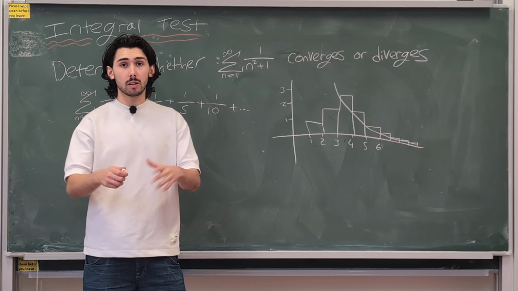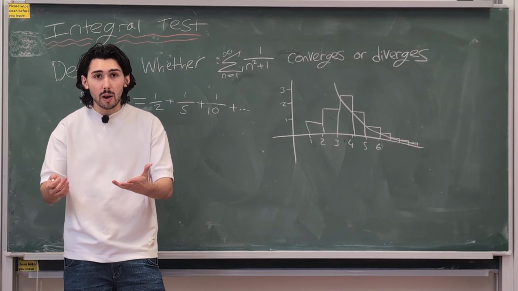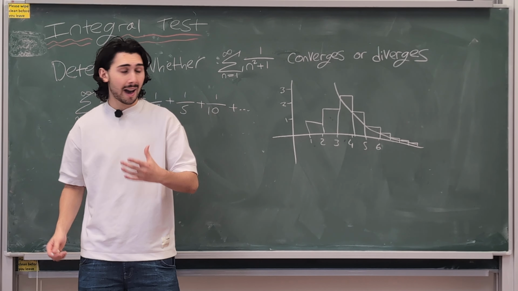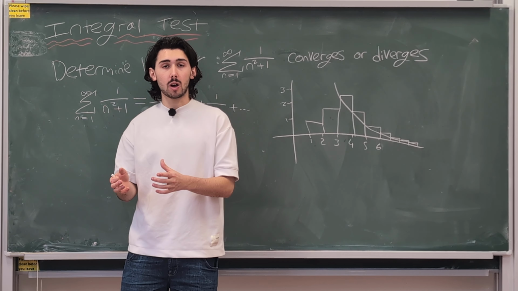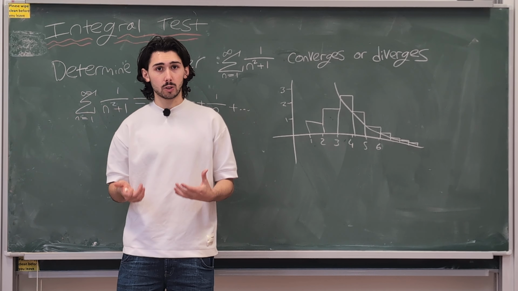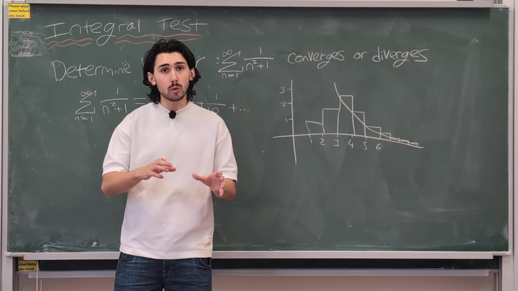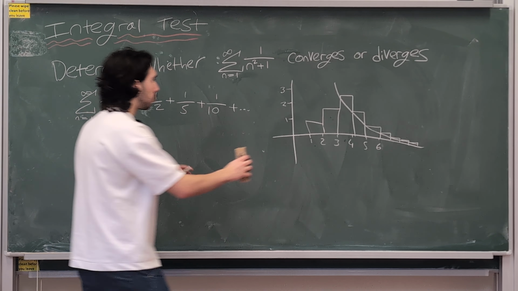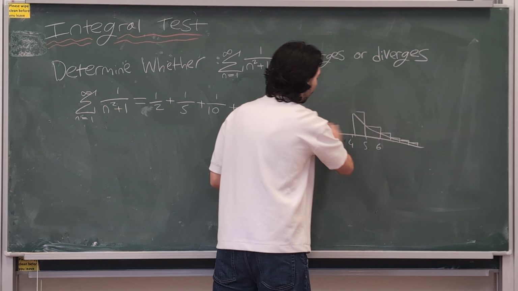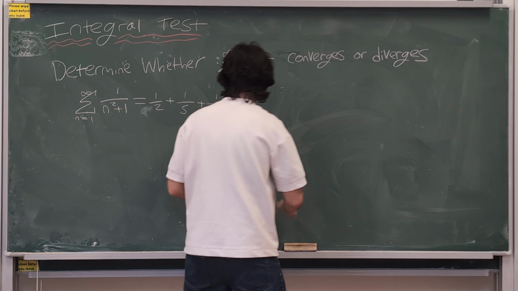So if you want to show that it converges or diverges, you can still do that by just ignoring the first few terms. The first finitely many terms don't affect whether a sum diverges or converges. It's only when you have infinitely many terms, if that makes sense. Anyway, that's just one condition that we need for the integral test to work.